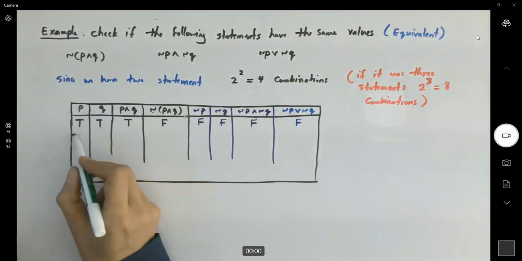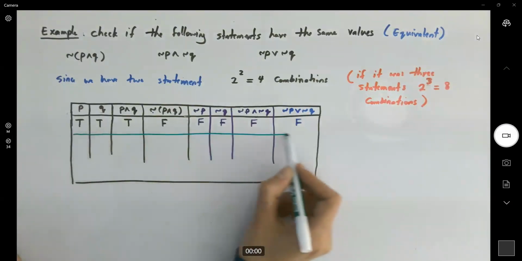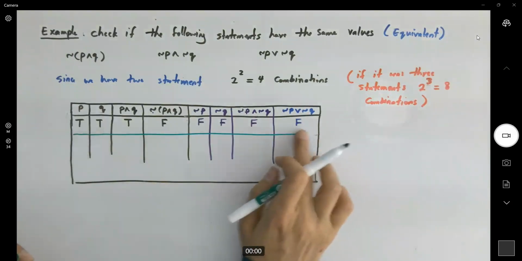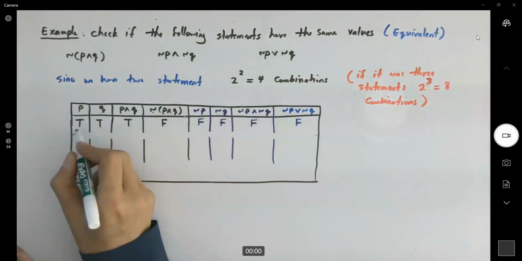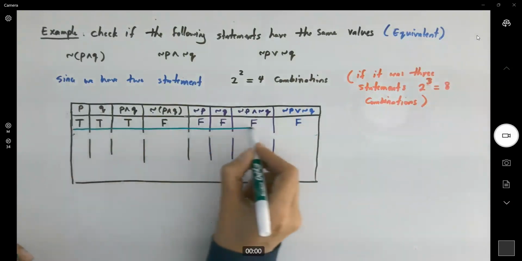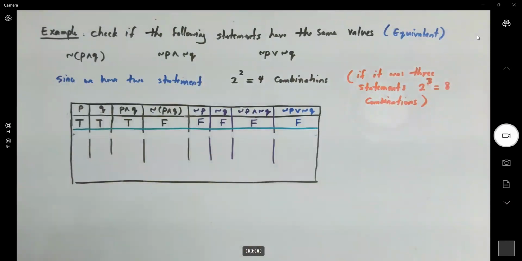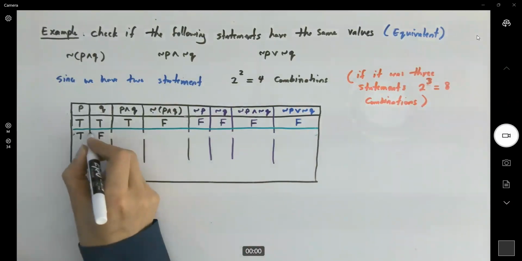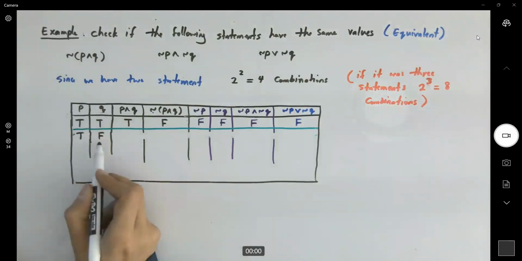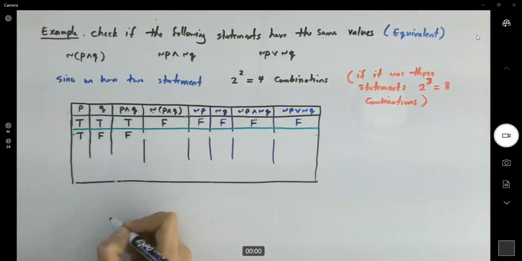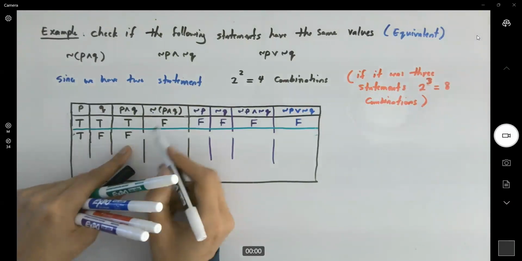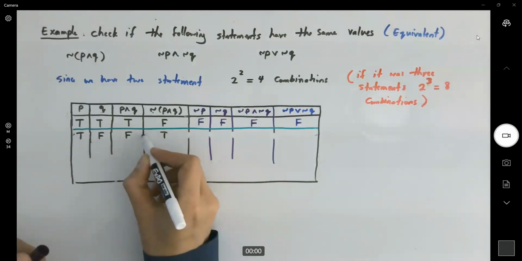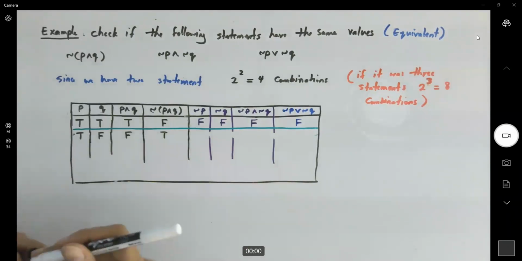Let us move on to the second row. Now, what if my P is true and my Q is false? True and false is false. Not false is true. Very good.